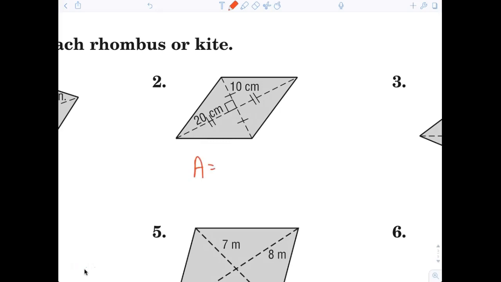Yeah, I got 400. Now part of the problem here is that they divided the diagonal, right? So it's just 1/2 times 40 times 20, or you could just say 20 times 20. Do I agree with that? So that would be 400 centimeters squared.